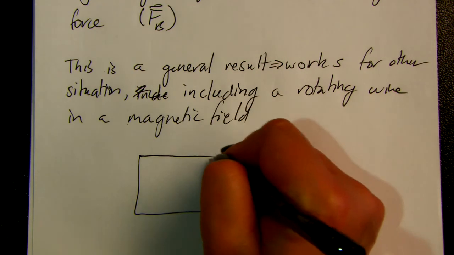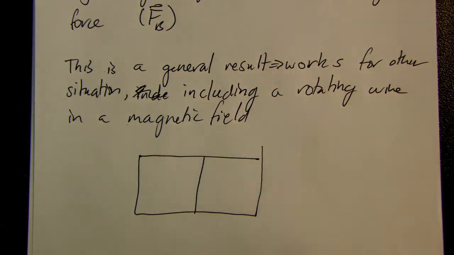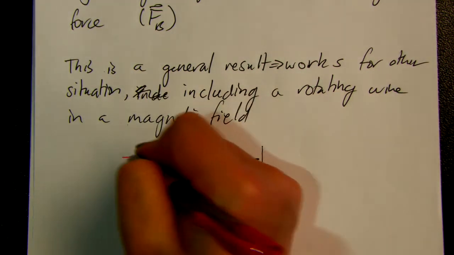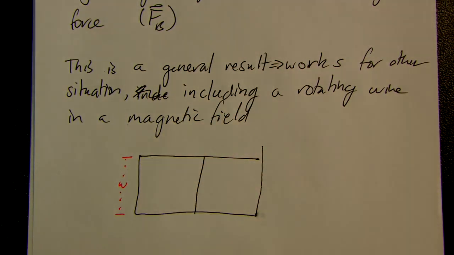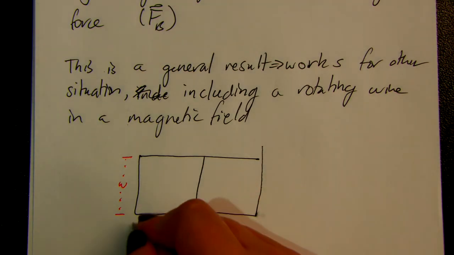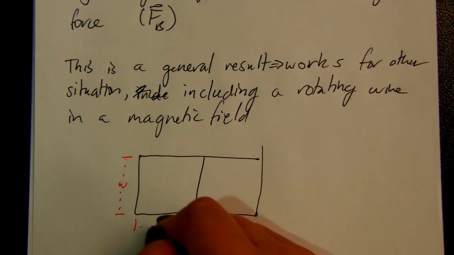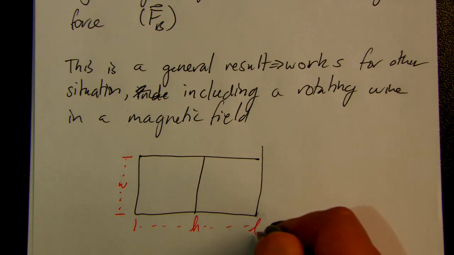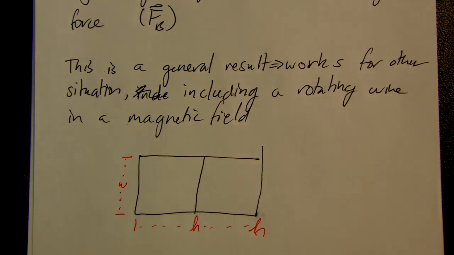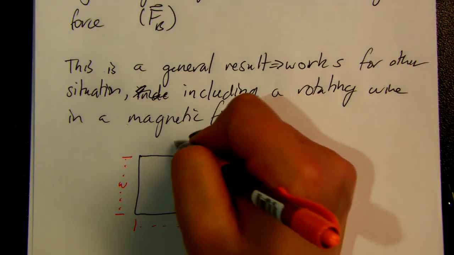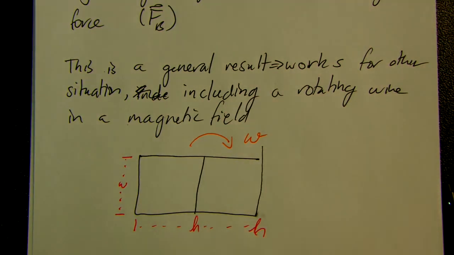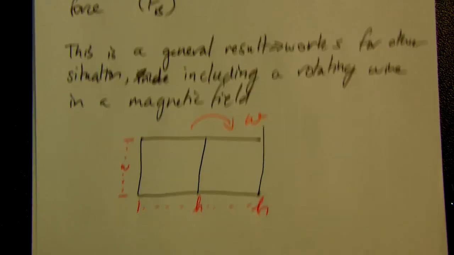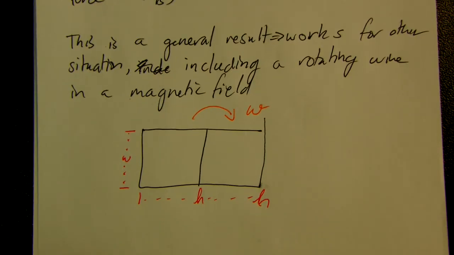This is going to have our width, and we're going to have H here. This is rotating with some omega, and every year I'm like, I should change the W so it doesn't look like an omega, and every year I don't do that.